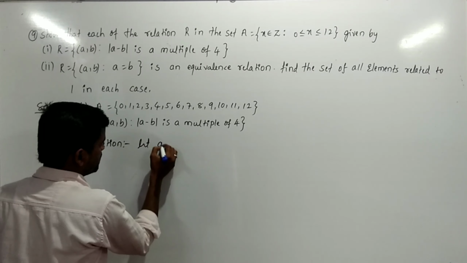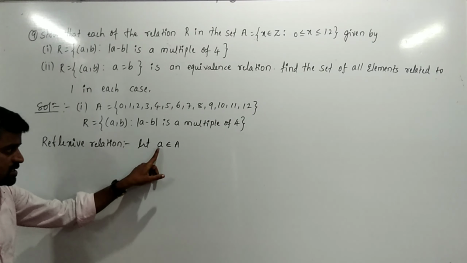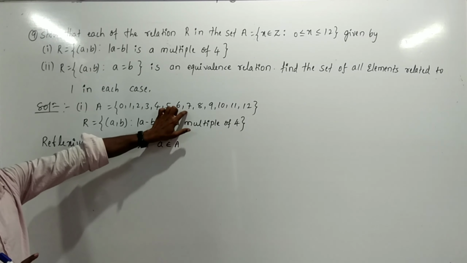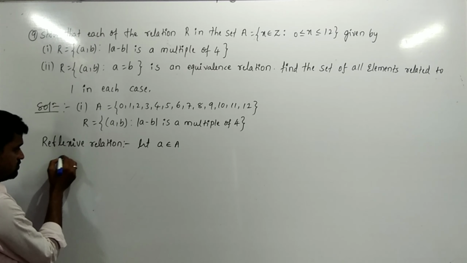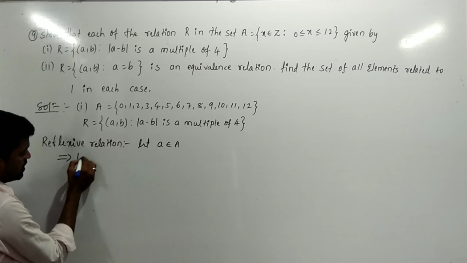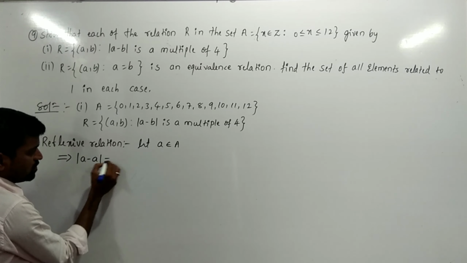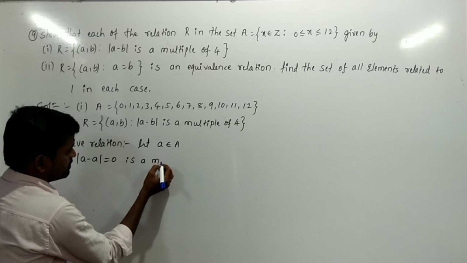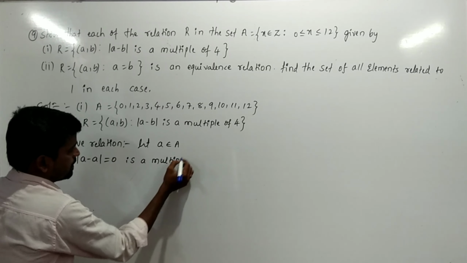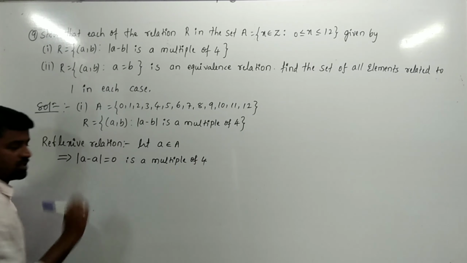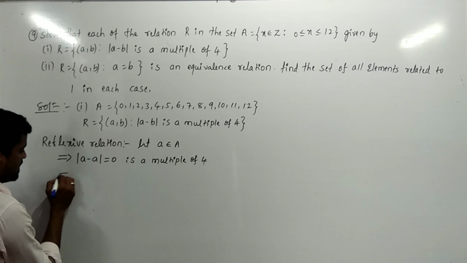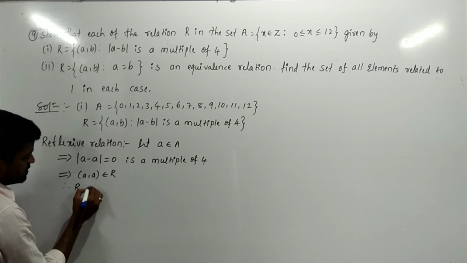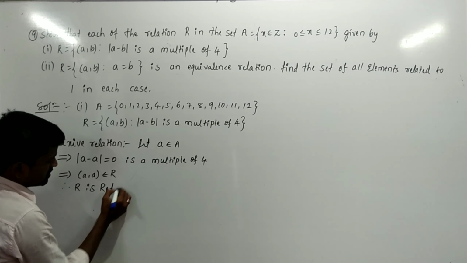Let a belong to set A. This a is an integer, greater than or equal to 0 and less than or equal to 12. This implies |a - a| = 0. 0 is a multiple of 4. This implies (a, a) belongs to R. Therefore, R is a reflexive relation.